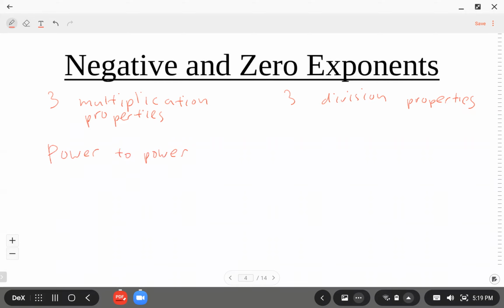So power to a power: 2 to the third, to the fourth power. Okay, and what is that? That's basically 2 to the third times 2 to the third times 2 to the third times 2 to the third.